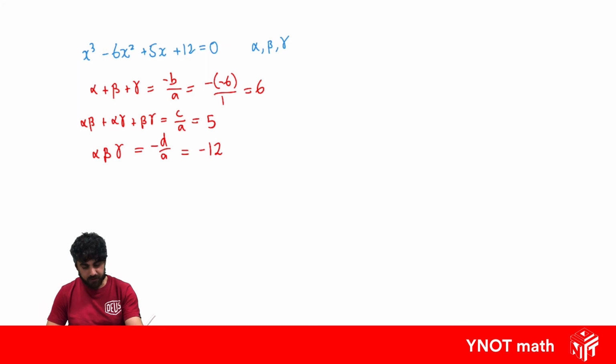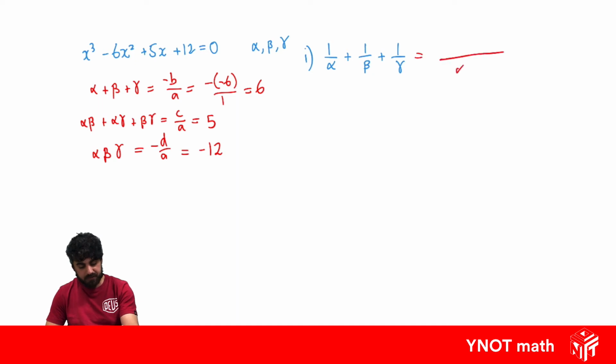Now we'll go ahead and look at some questions. So first question, let's look at 1 on alpha plus 1 on beta plus 1 on gamma. So this is going to require a bit of manipulation. So if we just make it into a single denominator of alpha, beta, gamma, it's our common factor.